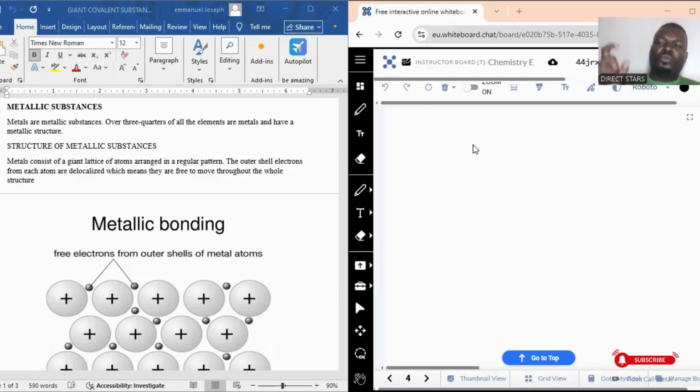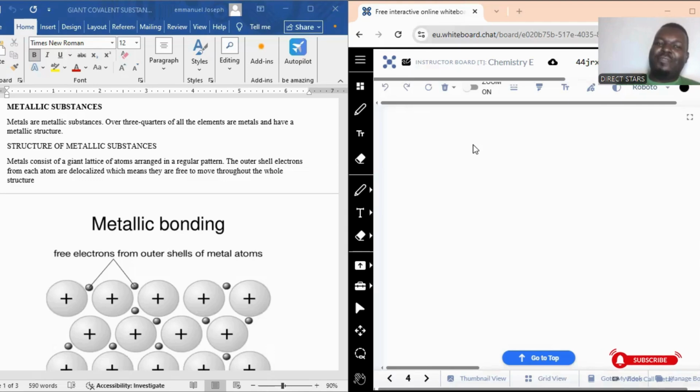This ability to move, or this delocalization of the electrons of metals, is responsible for their electrical conductivity. That's what makes metals good conductors of electricity. So if you are ever asked why a particular substance conducts electricity, the answer is simple: it's because that substance has delocalized electrons in its structure.